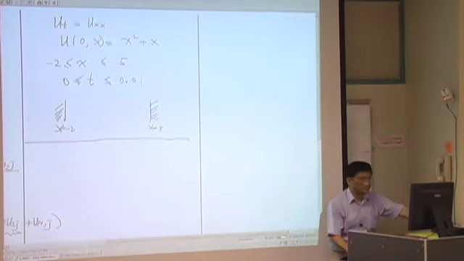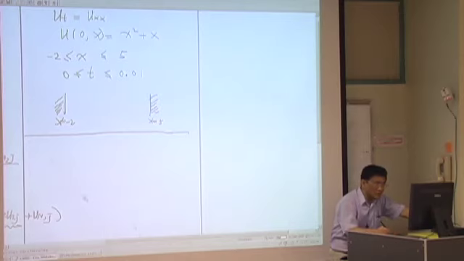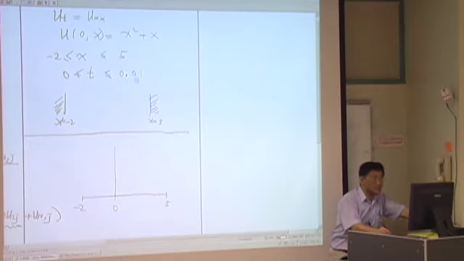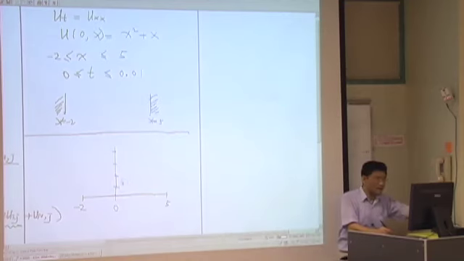Then let's solve it. I will design. First of all, we should write the domain, right? So the domain is from -2 to 5. And then hopefully this is 0, and then this is 0.01. So I will divide this into 5 subintervals, which might be better.